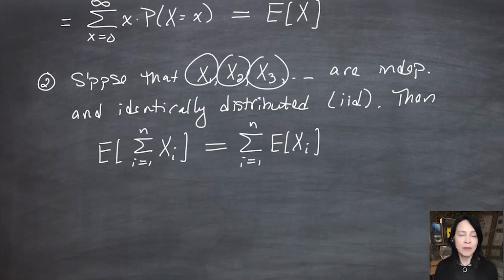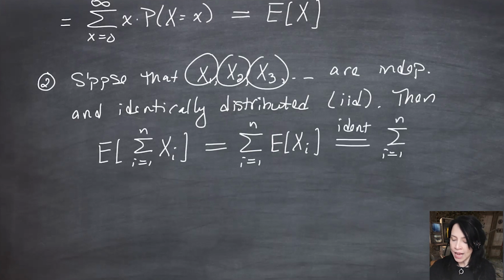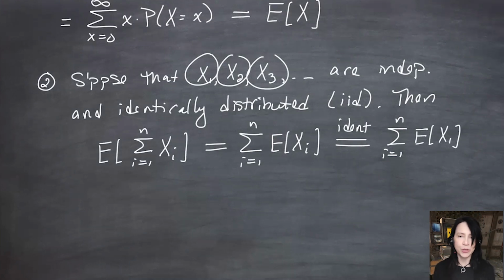And again, the same expectation, which means because these guys are identically distributed, I have the sum as i goes from 1 to n of the expected value of any one of these. I could write x5 here, but I'm going to write x1. So the i is gone, just x1.